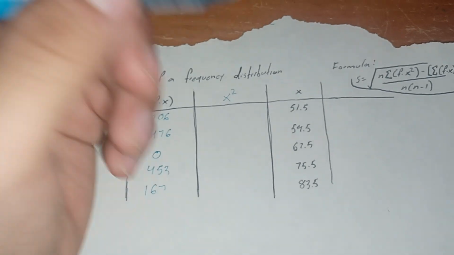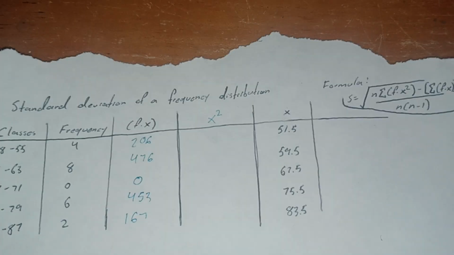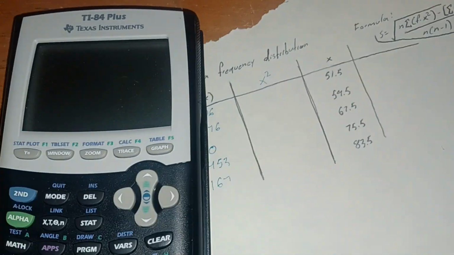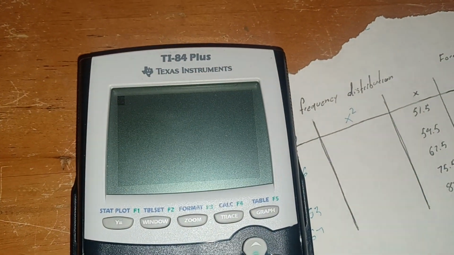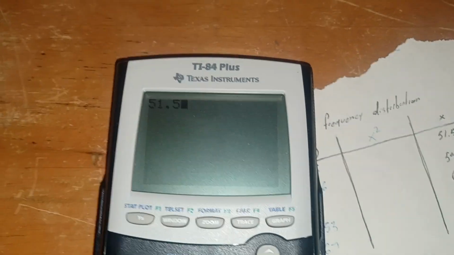All it wants us to do is take, for example, 51.5 and square that. So let's do that right now. Square 51.5, which is one of your x values, your midpoints.